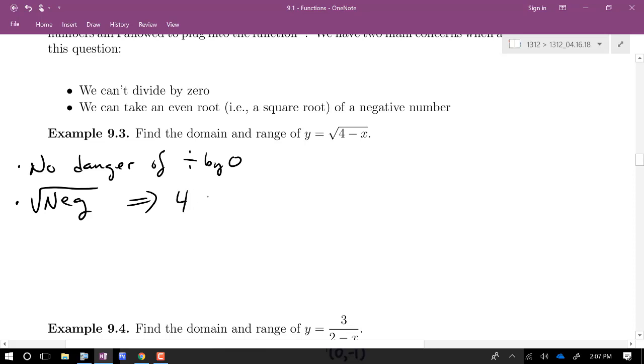So I'm going to take this expression, 4 minus x, I'm ignoring the radical, but whatever's inside, that has to be at least as big as 0. And then I'll just turn this around. So this means that negative x is greater than or equal to negative 4, right, if we subtract 4 from both sides.